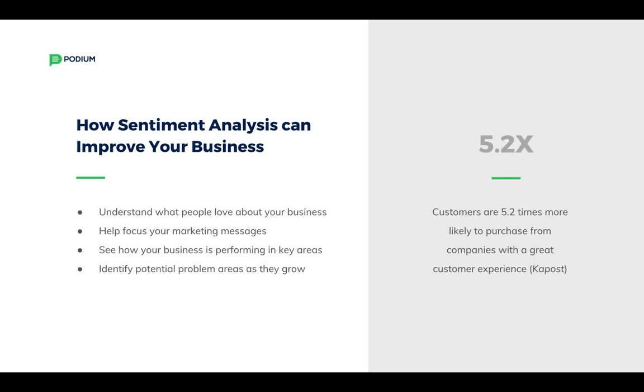It also gives you key insights as to, hey, what are we doing really well? What's been interesting to us at times is that we look at reviews and the scores and the data, and we compare that to CSIs or surveys, and sometimes it's completely opposite of what people think it is, which is why it's good to collect multiple sources. Again, see how your business is performing in key areas.